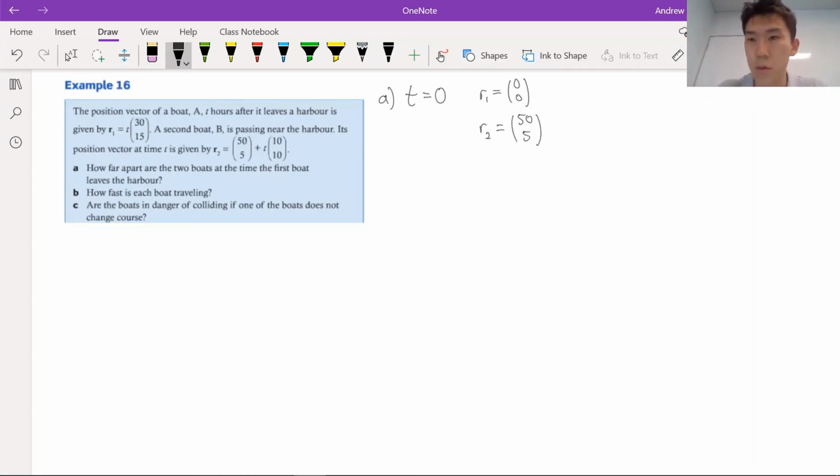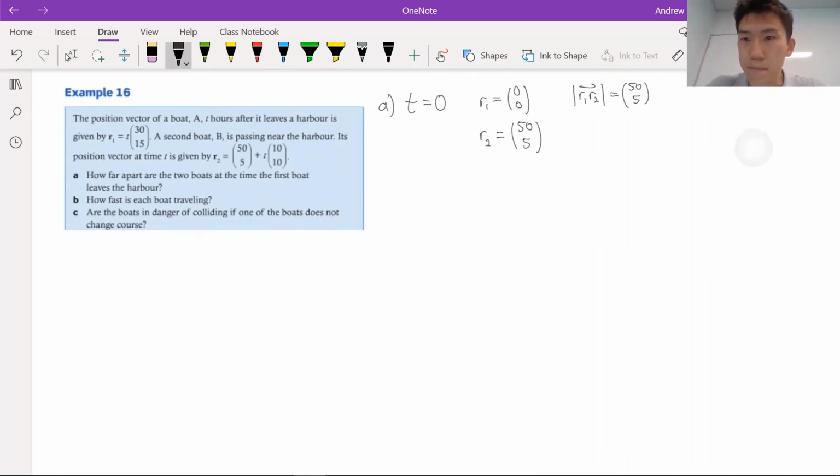So I'm going to do it this way. Basically magnitude of R1, R2. So let's create a resultant vector R1, R2. That's easy enough. So that's just going to be 50 and 5.